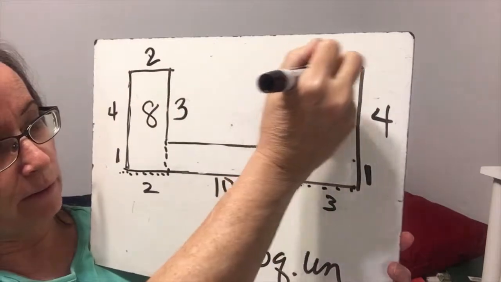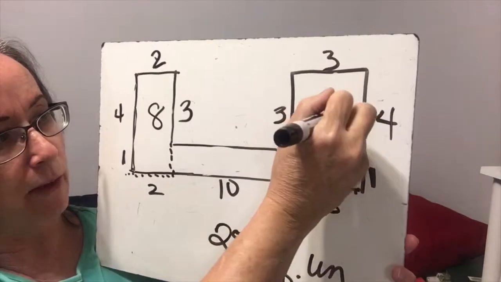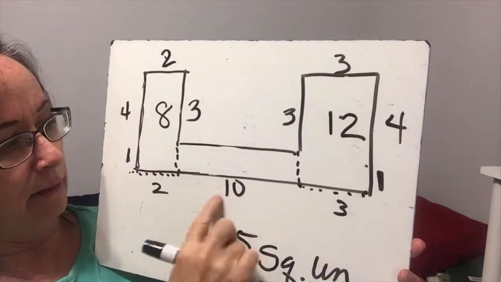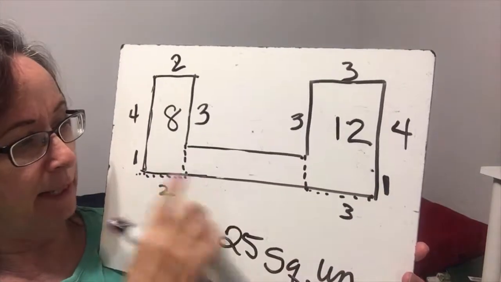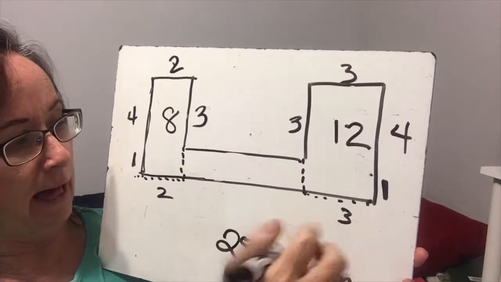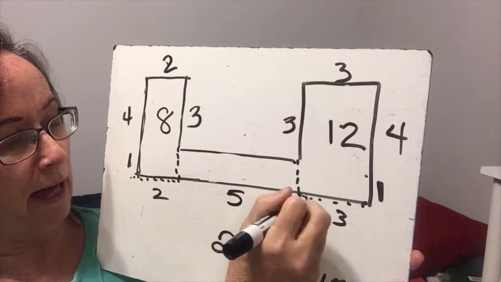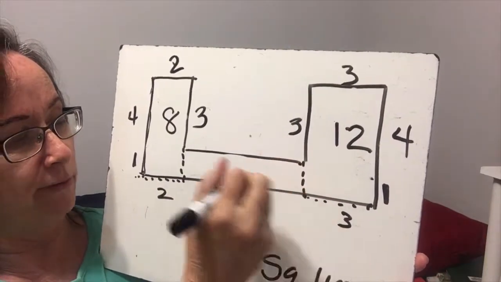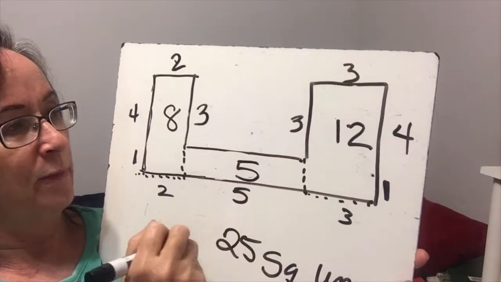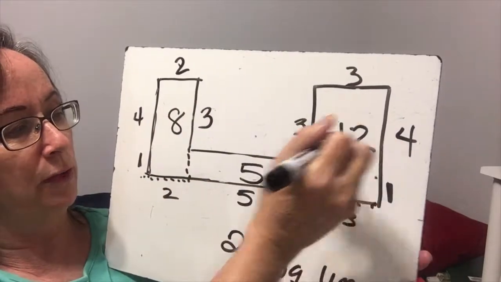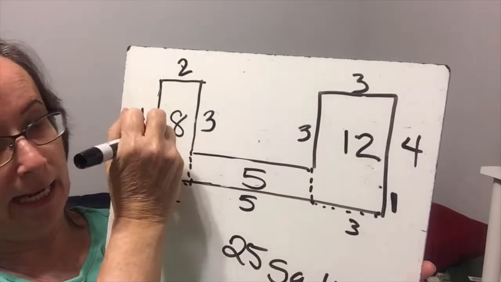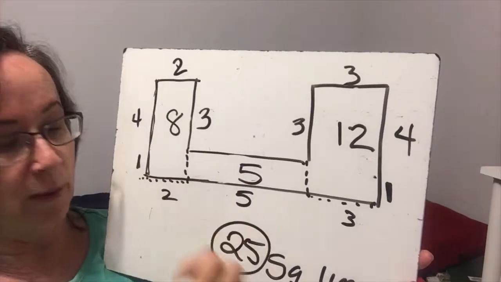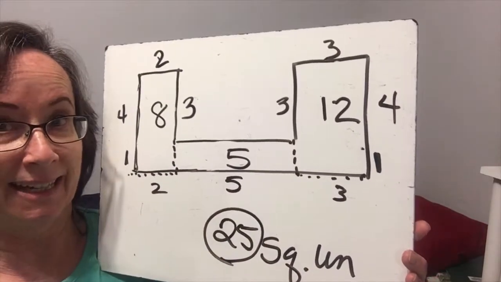Over here we've got 3 times 4 is 12. And then this is no longer 10, because remember the whole line was 10, but then the 10 take away the 5 means that this little part is 5. This was 1. 5 times 1 is 5. So now we've got 12 plus 5 is 17 plus 8 is 25. So we get 25 square units yet again.